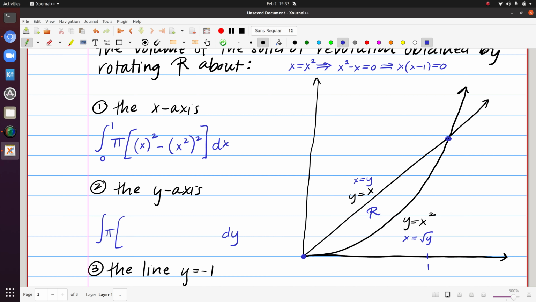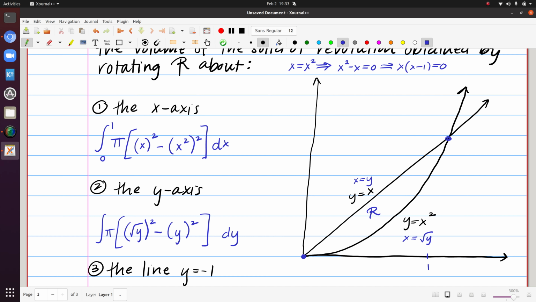So that means my outer radius is coming from that function, but I express it as square root of y. And then we're squaring it. My inner radius is coming from the function x equals y. And so that's what I square here. So it always matters. This is why I think it's really important to draw a picture so that I can really see the position of the function in relation to my axis of rotation.